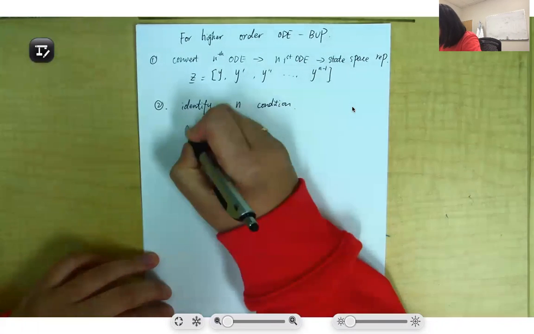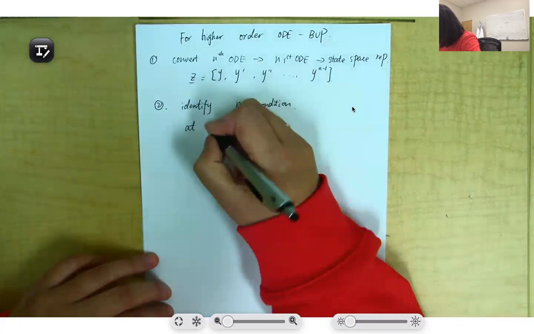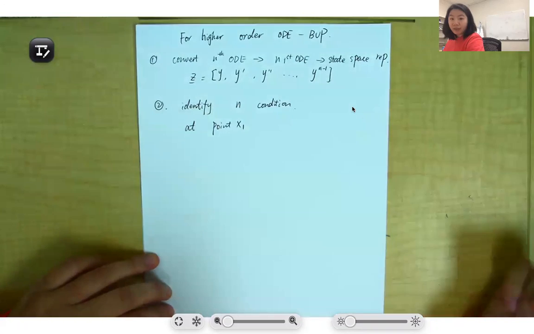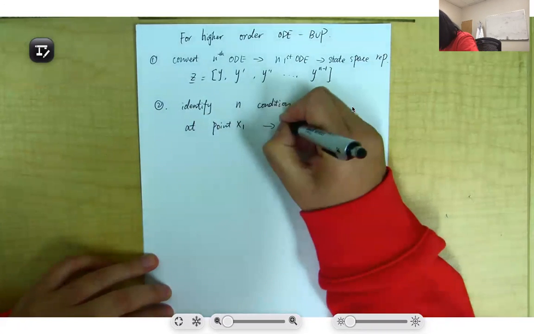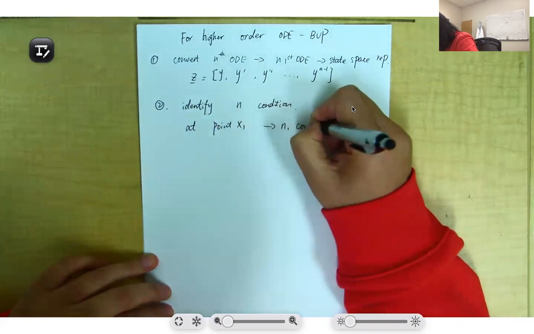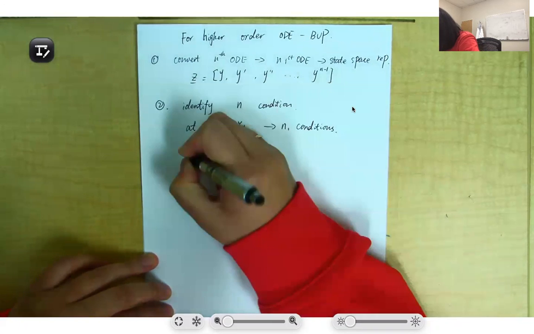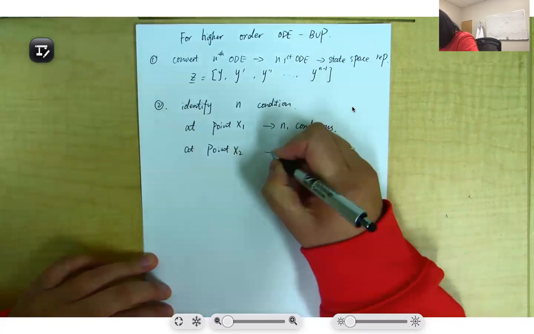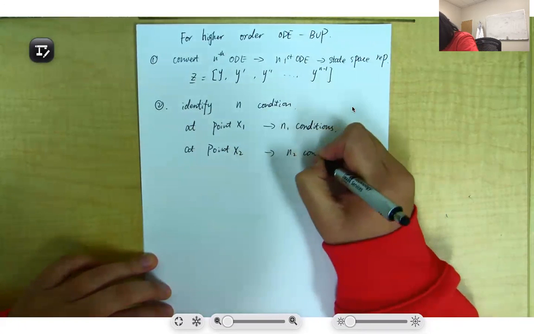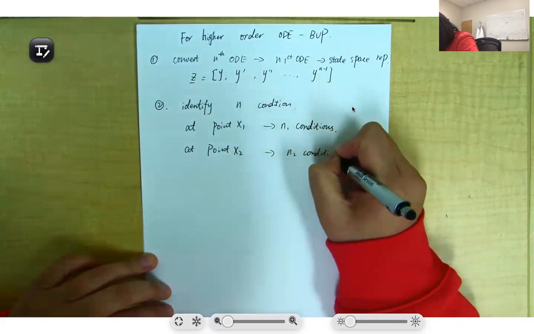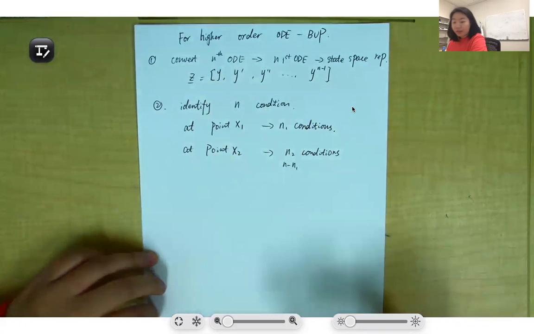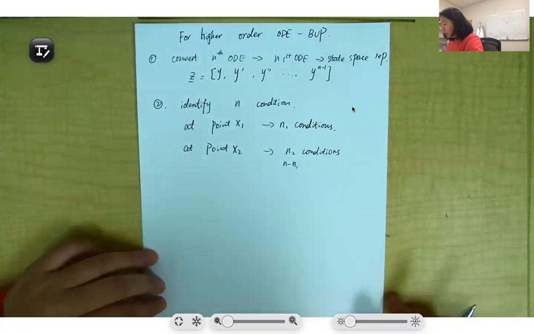At the initial point, say x1, we have n1 conditions. At point 2, we have n2 conditions, where n2 will be n minus n1, so that we have enough conditions to solve the ODE.